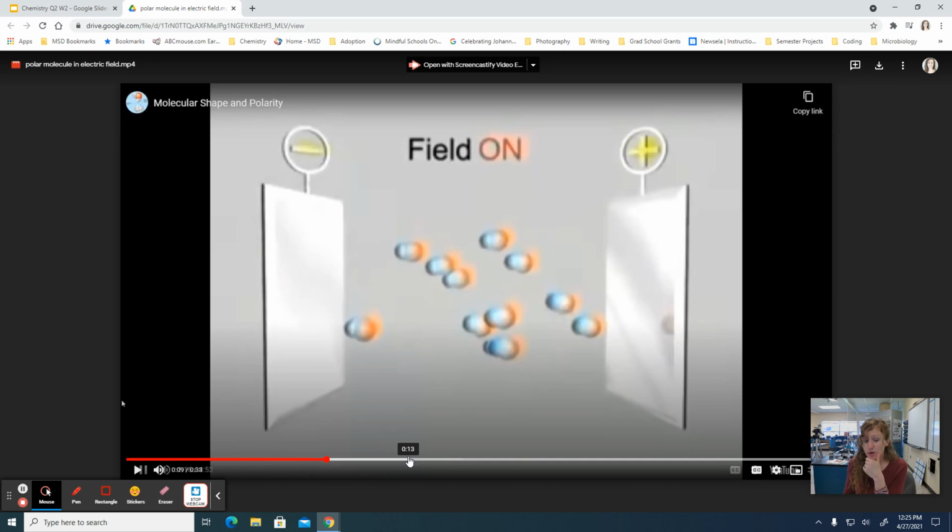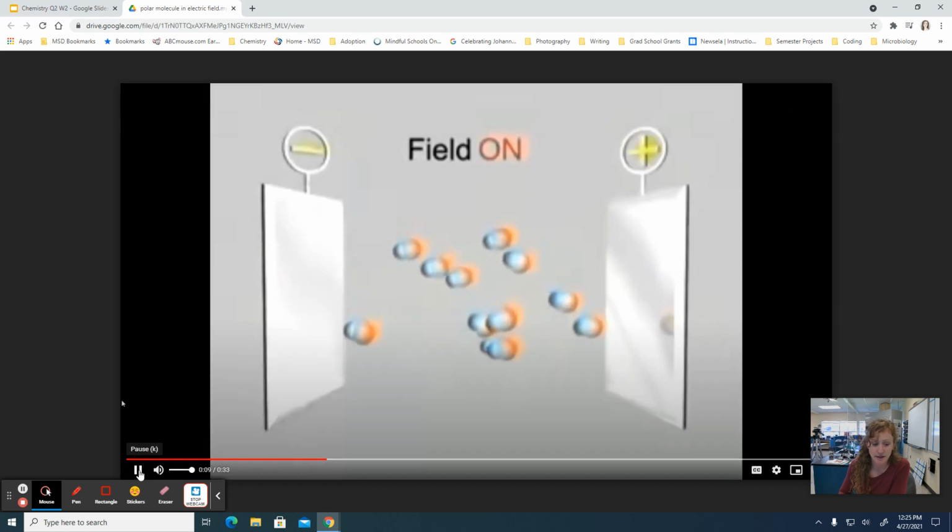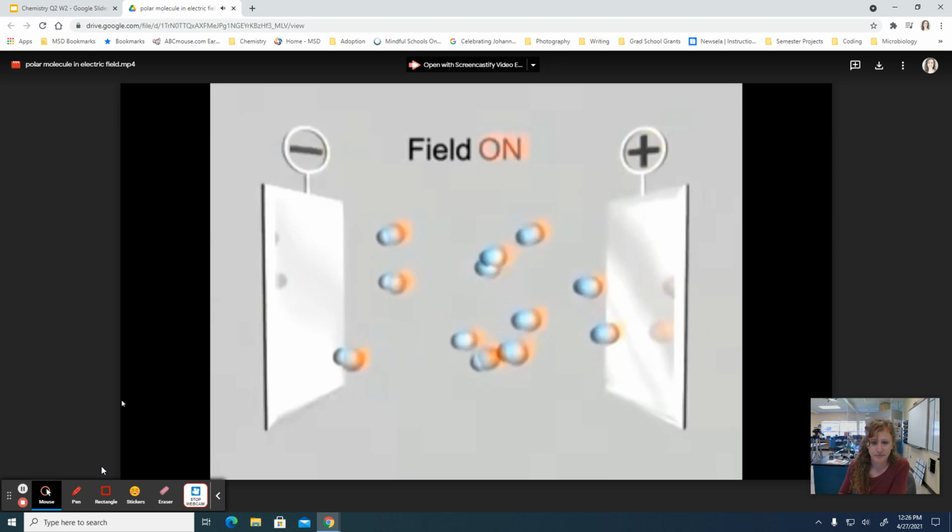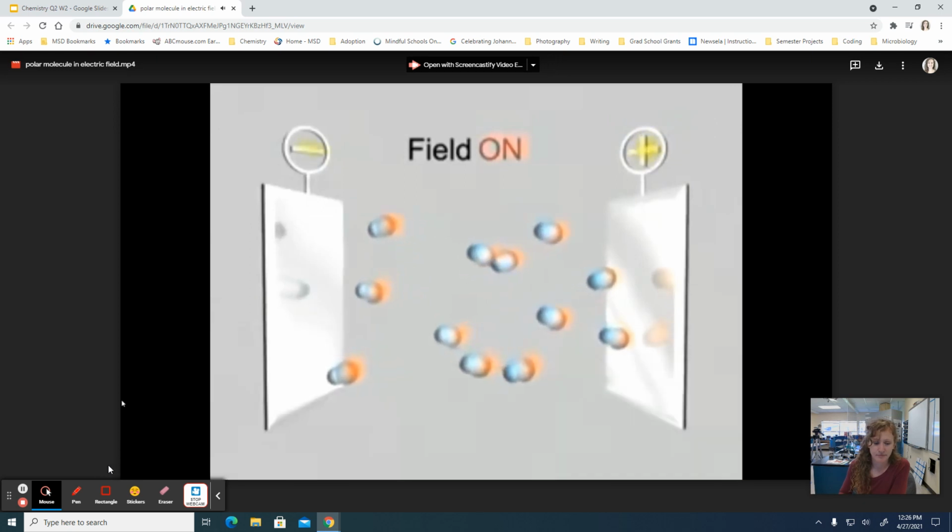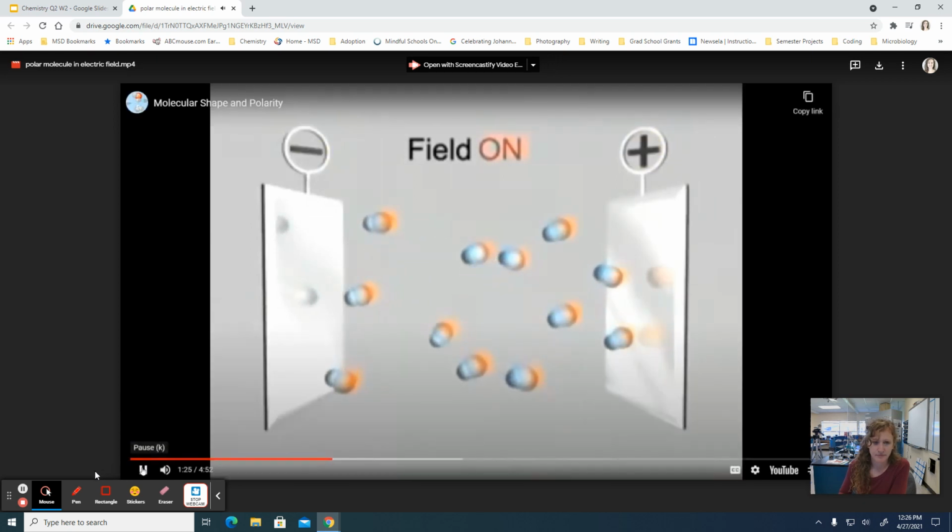So although it's just a partial charge, it still has an effect around other charges. And we can see a similar effect in the next molecule, which is going to be carbon dioxide. They become oriented with your negative ends facing the positive plate and your positive ends facing the negative plate.